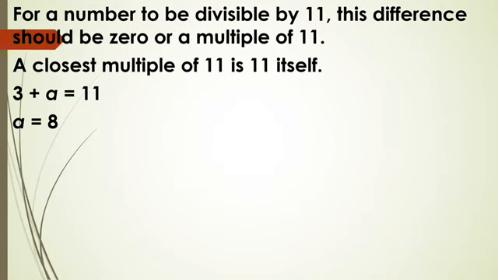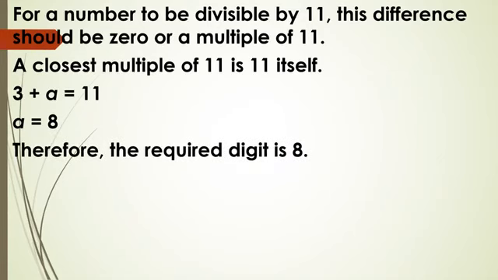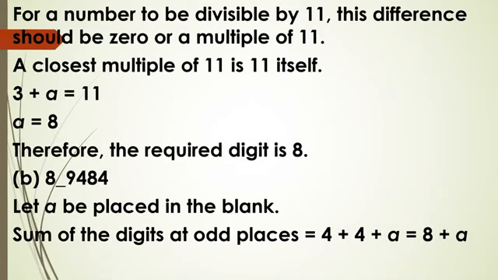Okay. Now see its B part. 8 blank 9484. Now in the blank place, I am writing A. Sum of the digits at odd places: 4 plus 4 plus A. Sorry, 4 plus 4 plus A only.